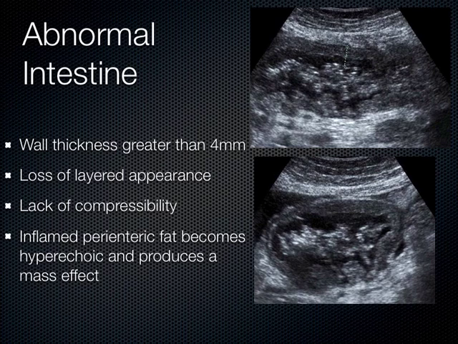We had the loss of that layered appearance. It's kind of hanging out by itself. It's no longer compressible. That's another thing. Normal intestine should be nicely compressible. And if you look around the edges of this, stuff that's inflamed always appears hyperechoic, very bright. And we can see around the edges of the structure here, it's got these hyperechoic areas. And when I compress them, it exudes this mass effect.